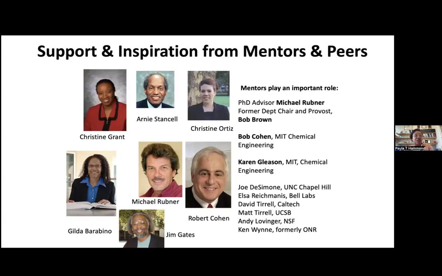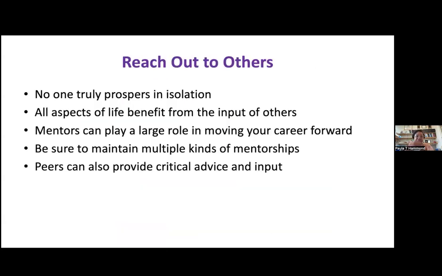Christine Grant, who was just a couple of years ahead of me at Georgia Tech, Christine Ortiz, who's a friend and collaborator here at MIT in material science, Gilda Barabino, another chemical engineer from Northeastern University, who ultimately went on to become dean and then president at Olin College. So I would say that some advice to you is to reach out to others at every point in your career because these are people who will have great influence over your life and provide you with critical advice and influence.